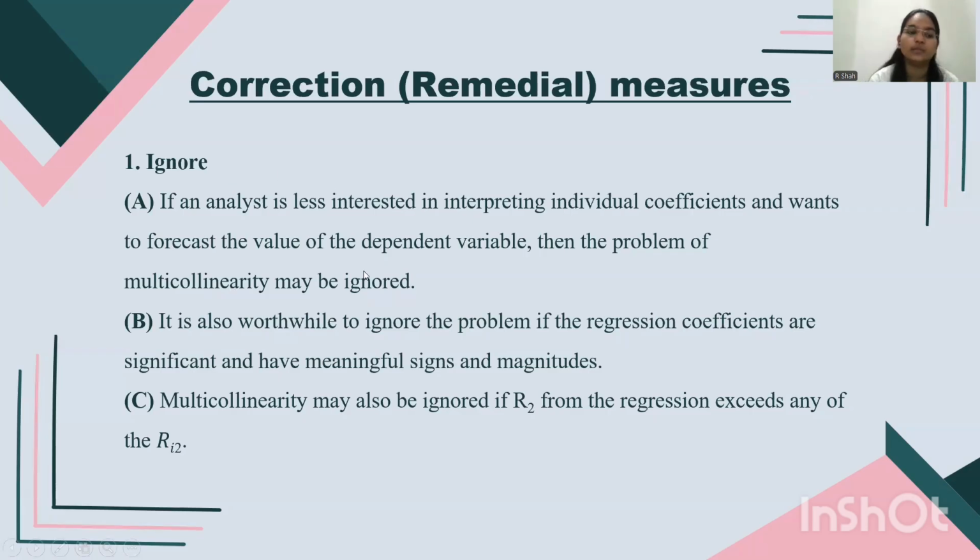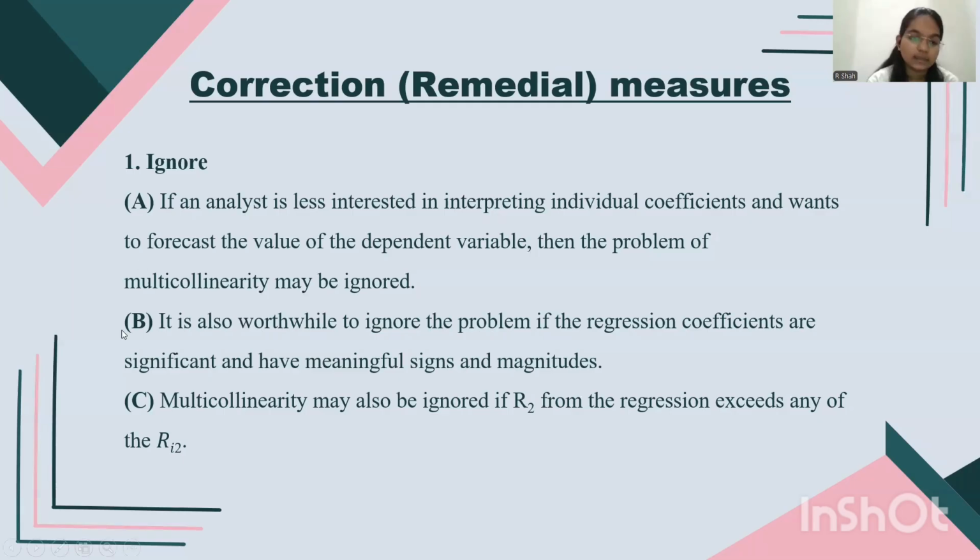First is ignore. A. If an analyst is less interested in interpreting individual coefficients and wants to forecast the value of the dependent variable, then the problem of multicollinearity may be ignored. B. It is also worthwhile to ignore the problem if the regression coefficients are significant and have meaningful signs.